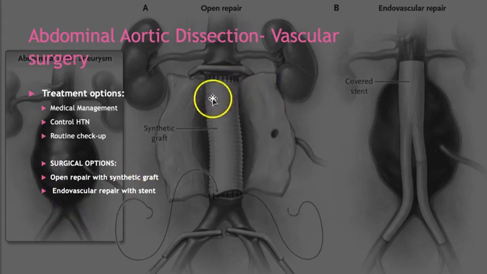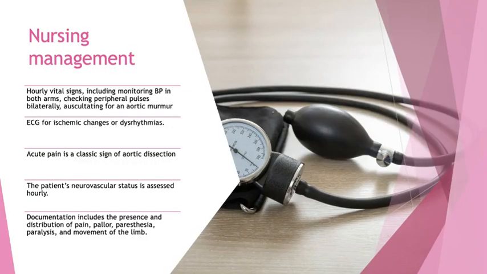You can see back here, they can do a covered stent, a synthetic graft, which is an open repair, or endovascular repair with stent, but they want to ultimately control hypertension and address the underlying risk factors. So your typical patients that get these aortic dissections, we talked about for the abdominal aortic dissection, are smokers, typically white male, a lot of times construction workers in their 5th or 6th decade of life.